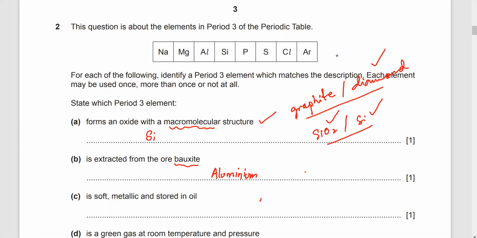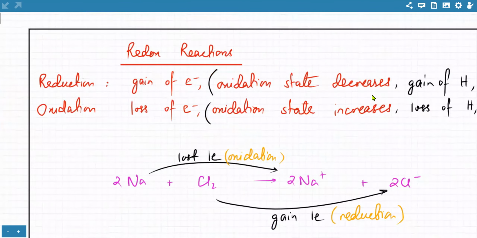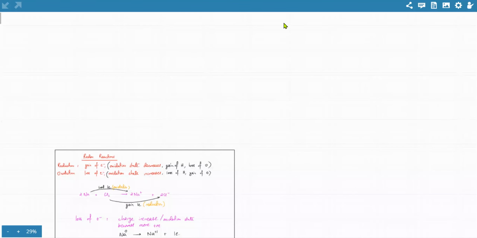What is soft, metallic, and stored in oil? Again, it's a question from metals. I'll go back. The sheet is open. This is the sheet.